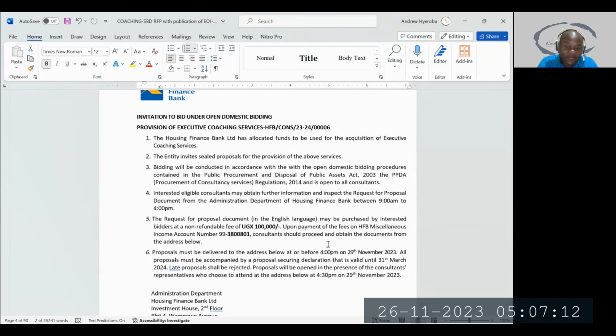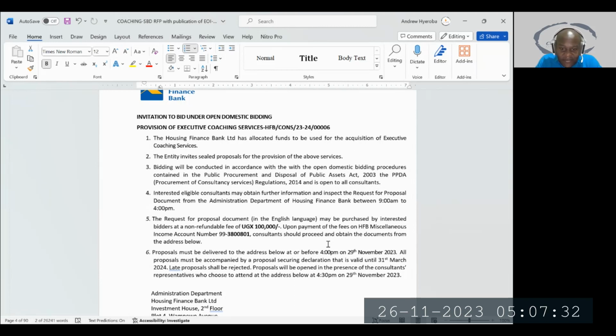That's what happens during the proposal opening. They will bring all the bids in front of everyone who has submitted if you send a representative, and then they'll open the bids and say, this has been brought by this company, and this one by that company.